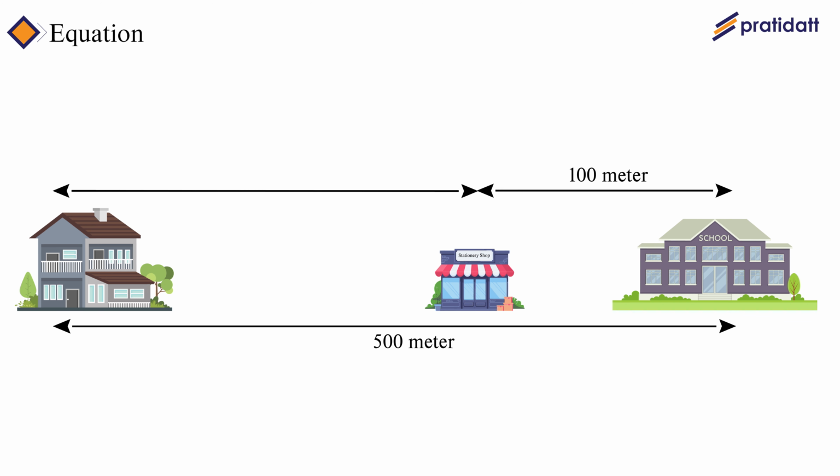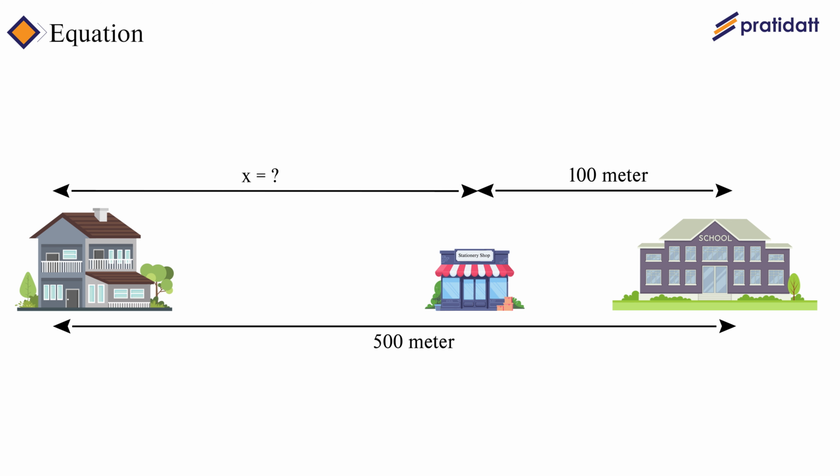A variable x is an unknown distance between the home and the stationery shop. So, what is a variable and what is the letter x? A variable is nothing but an unknown value and is used to represent the balance condition of an equation. The variable is denoted by a small letter in the English alphabet. Here we have chosen x as a variable, but you can choose any small letter in the English alphabet.